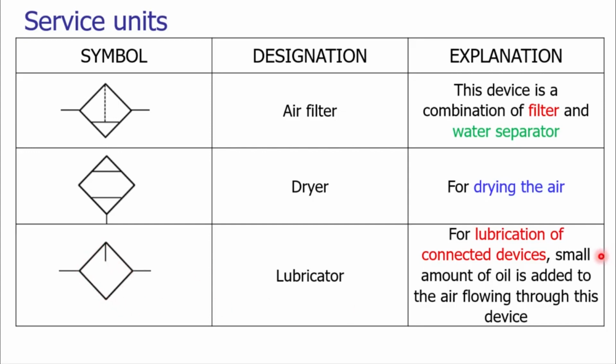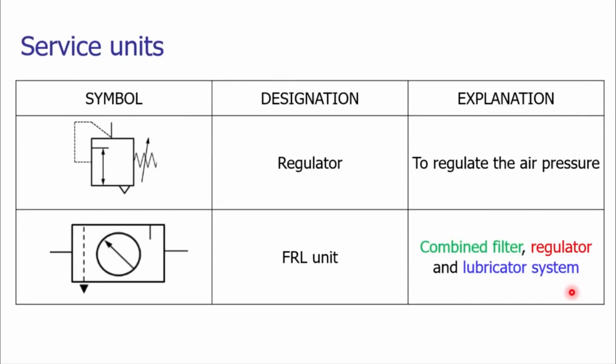As we have seen, lubricators are used to generate the oil mist, which can be utilized to lubricate a variety of mechanical elements of the pneumatic system. The entire FRL unit, the service unit, which has the filtration, regulation and lubrication facility, can together be shown by using the symbol on your screen.